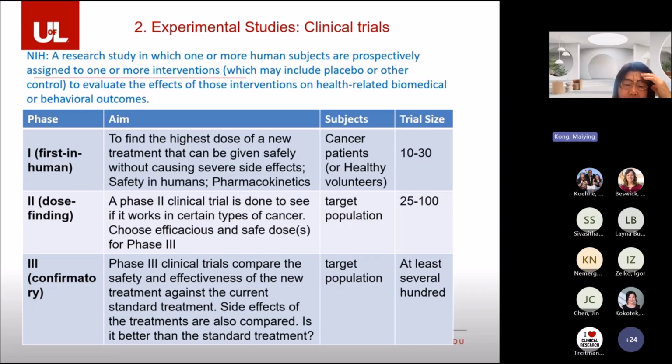Phase 3 is a confirmatory study. A phase 3 clinical trial compares the safety and effectiveness of the new treatment against the current standard treatment. Side effects of the treatment are also compared. The question we want to answer is whether this intervention is better than the standard treatment.